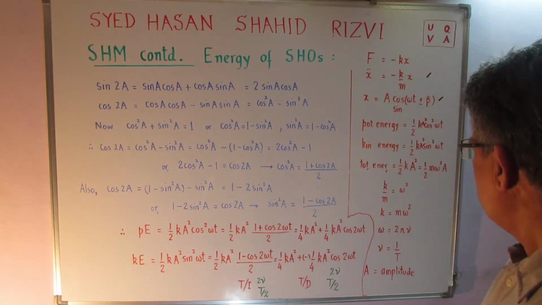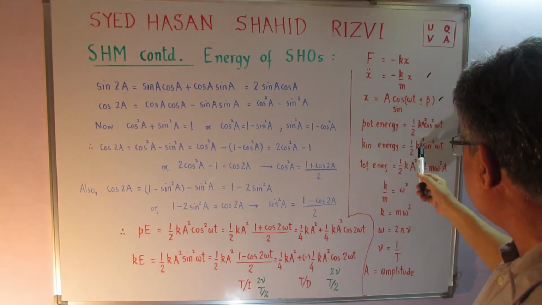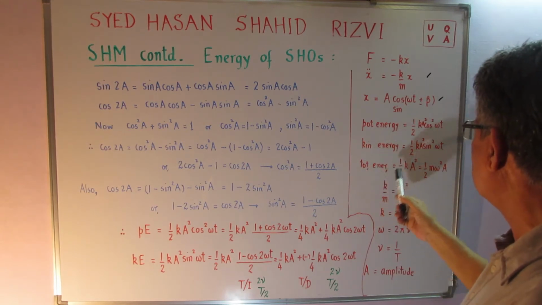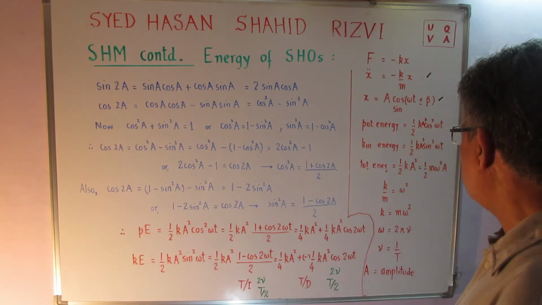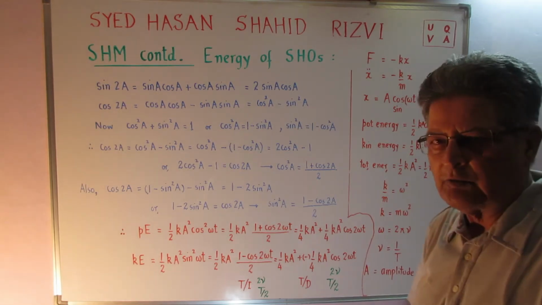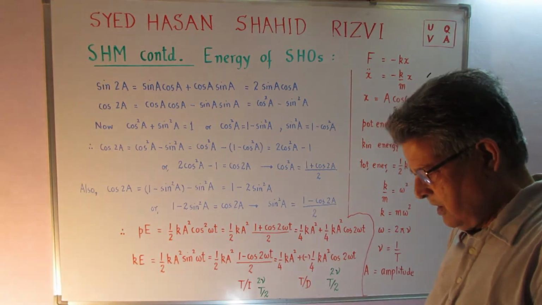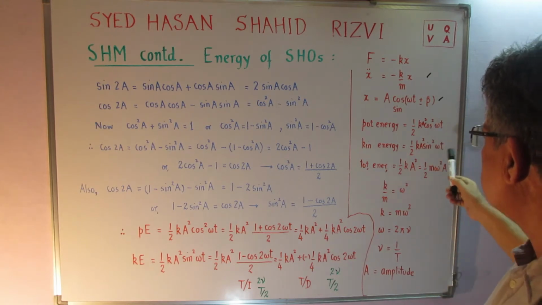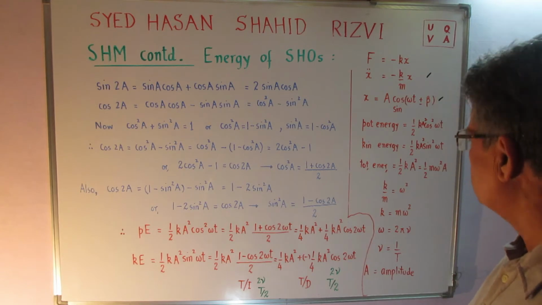The total energy becomes equal to this plus this. When I take this half K A square as common, I get cos square of omega t plus sine square of omega t, which is the relation that represents the Pythagoras theorem, and that is equal to 1. Cos square theta plus sine square theta is equal to 1.